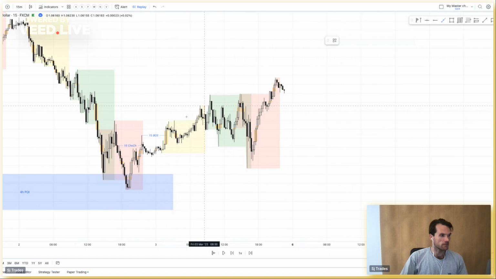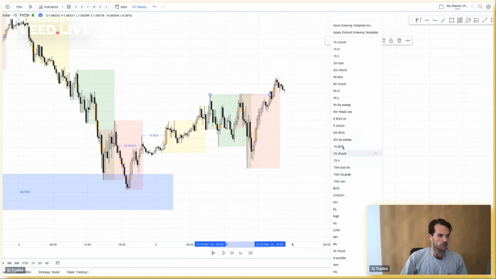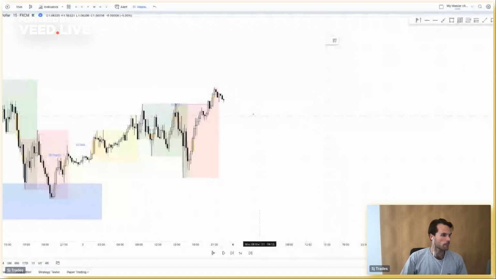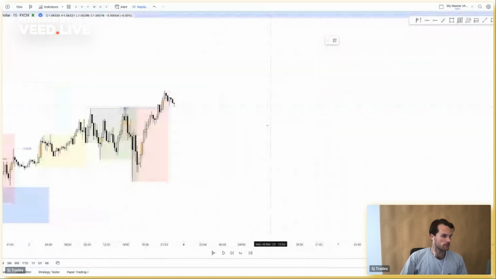And we kept moving up. Break of structure, liquidity sweep, back where we got chalk, and final break of structure. Perfect, this is where we are.